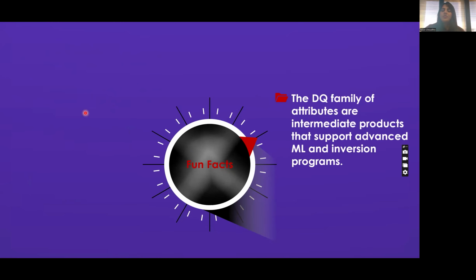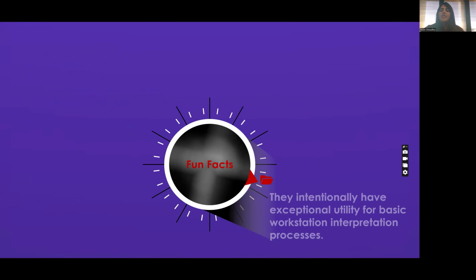DQ family attributes are intermediate products, so they're not your final products. You use them as an input. Imagine theta px shows you information about relative porosity. You want to calculate hydrocarbon pore volume. Use that as an input to enhance your data, your outputs. And then there are exceptional utilities. I'll give you my example.